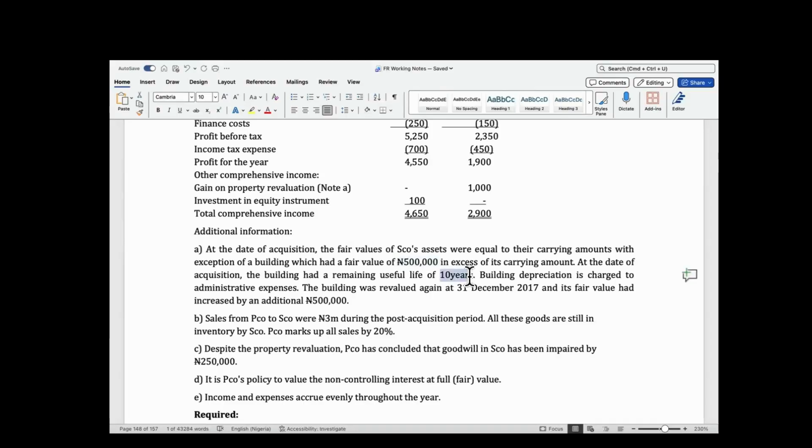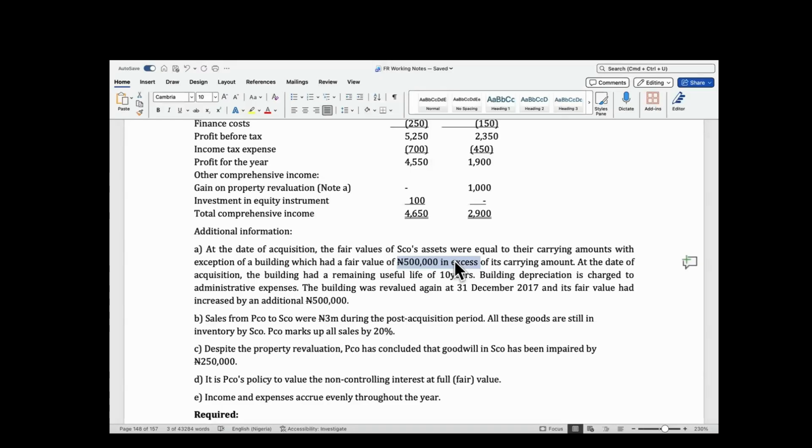Also, it says at the date of acquisition, the building had a remaining useful life of 10 years, and building depreciation is charged to admin. The way I usually treat this, if you remember, is that on this 500, one leg is the fair value reserve, but a pre-acquisition reserve. The other leg, you increase the carrying amount, right? Now, since that increase is just coming in, they have not charged depreciation on it.